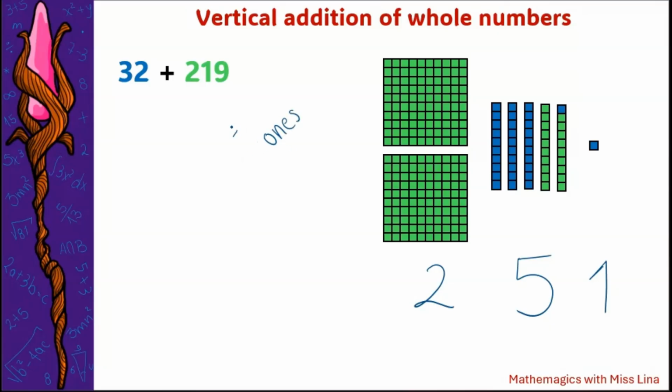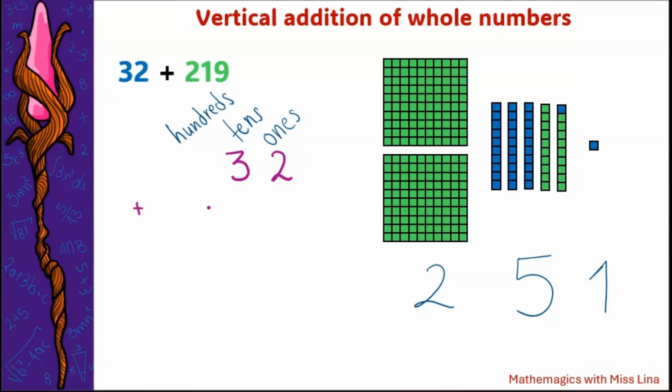So we have ones, tens, and hundreds. In this case, you need to be very careful because the 32 doesn't have hundreds, so we cannot put it here. We would say 300 and two tens. That would be incorrect. So what we need to do is to put it in the corresponding place value. Three tens and two ones, 32.